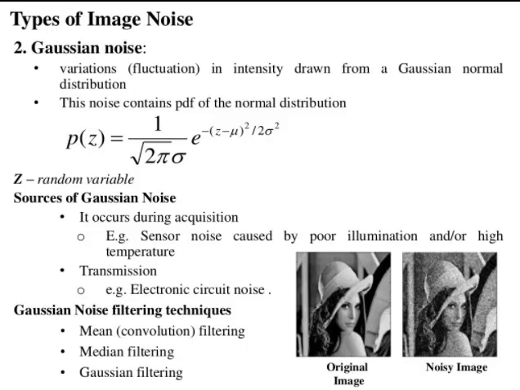Acquisition means when we capture a photo. Sensor noise is caused by poor illumination, if the light level on the object is low, or by high temperature, so the captured image may not be accurate.